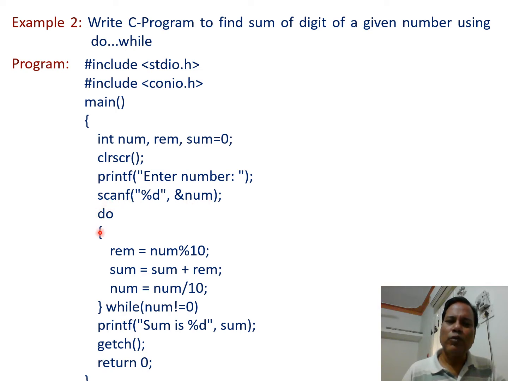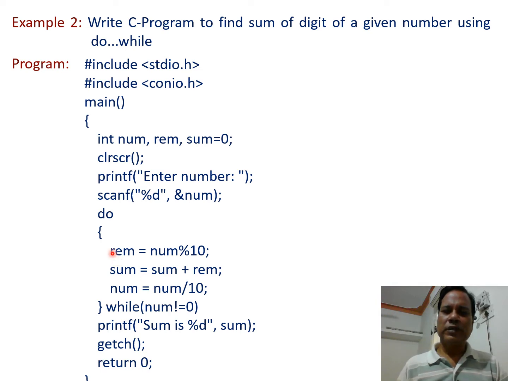Then do, within open and close braces, the statement rem equal to num modulo 10. This statement separates the last digit of the number, and that is stored in the left side variable rem.